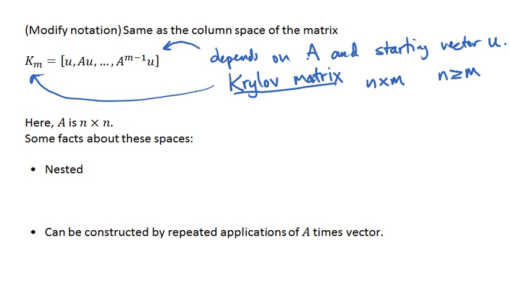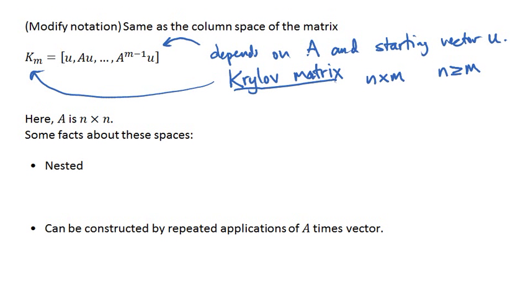Now, here are some facts about these Krylov spaces. I didn't define the space yet. So the Krylov space, or the Krylov subspace, is defined as the span of those same vectors.